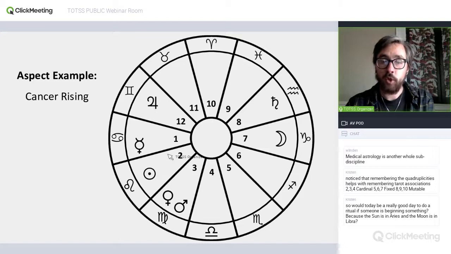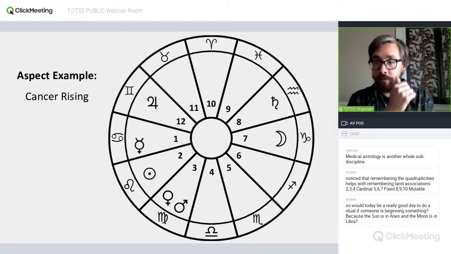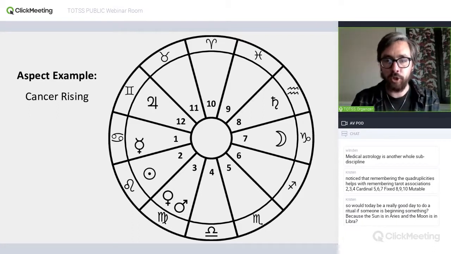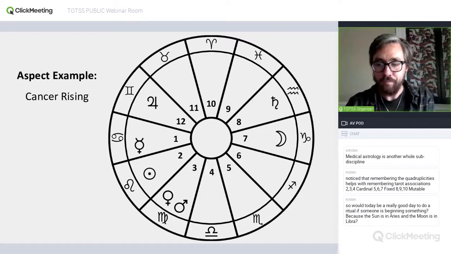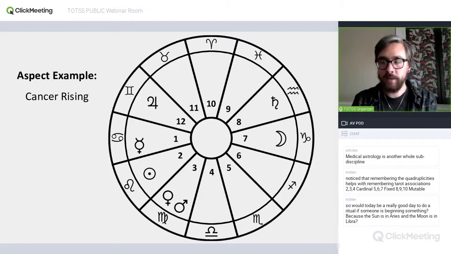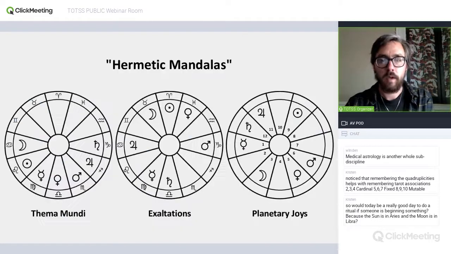And then Jupiter would be square to both Venus and Mars, because Gemini is a mutable sign and Virgo is a mutable sign, so they have that square relationship. And Venus and Mars would be co-present, or if they're very close by degree, we would say that they're conjunct, but we know that they're at least co-present because they're both in Virgo. There are a few more aspects there, and you could take a look and work out what the other aspects are as well. But that's just one example of each.